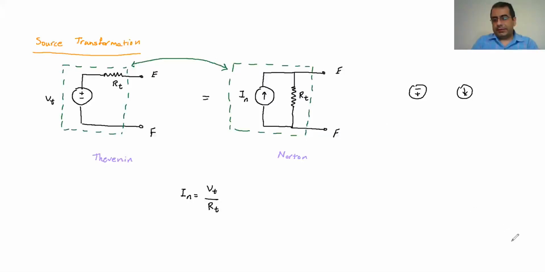Okay, now let's look at an example to see how we can use this source transformation. So assume we have a circuit like this. I have a battery, 12 volt, and that 12 volt goes into resistance R1, which is going to be 5 ohm.